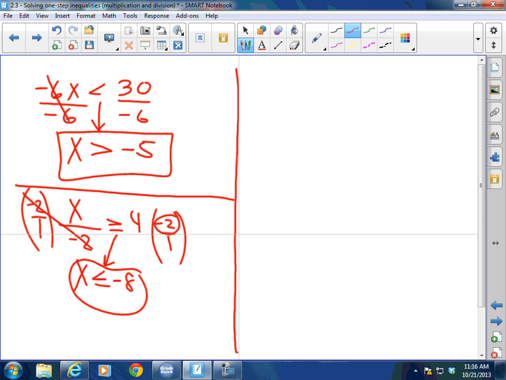Now I'm going to show you what it is to multiply to a negative or divide to a negative. Same questions, except I'm going to move the negative. In this case, I divided by a 6, so I do not flip it. I divided a positive 6 to a negative, so I do not flip the sign there.